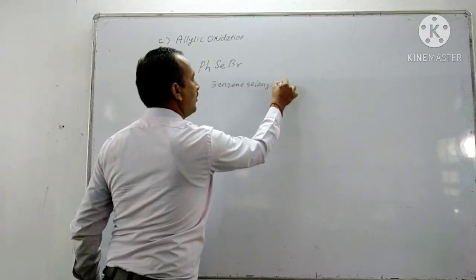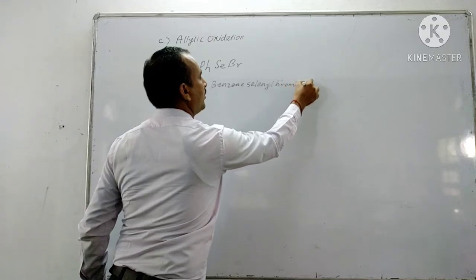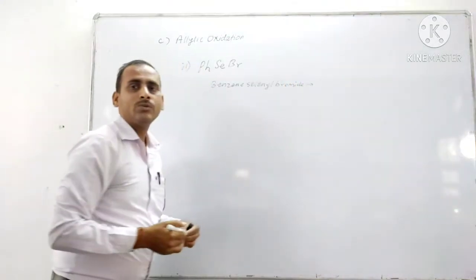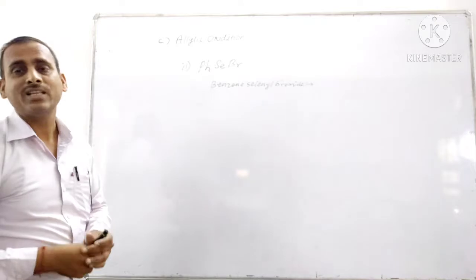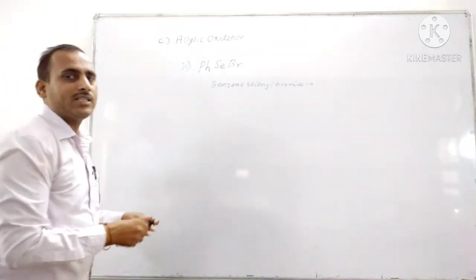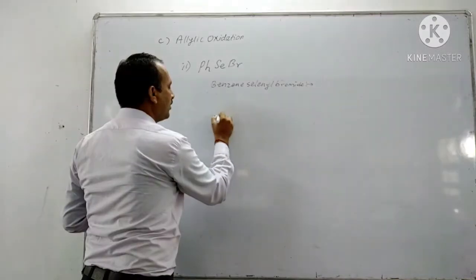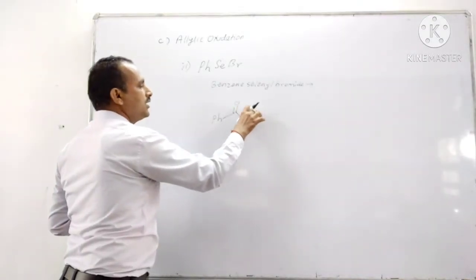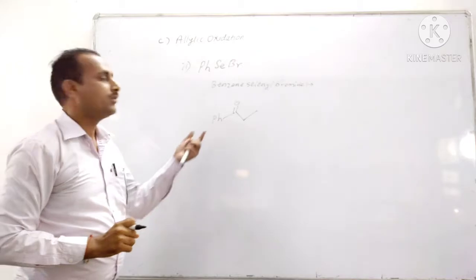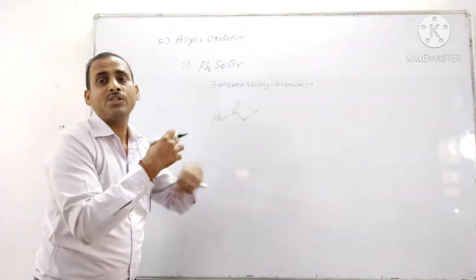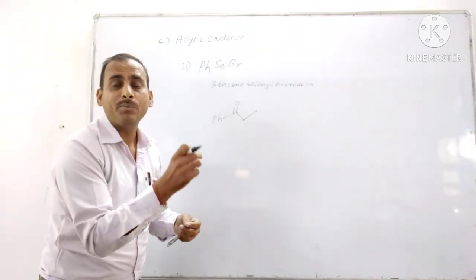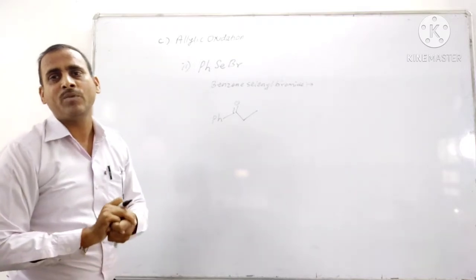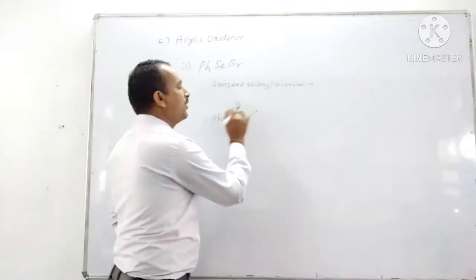Now this benzene selenyl bromide oxidizes the adjacent CH2CH3 group, meaning there is formation of alpha beta unsaturated carbonyl compounds from the carbonyl compounds.